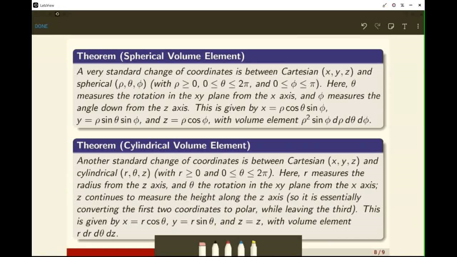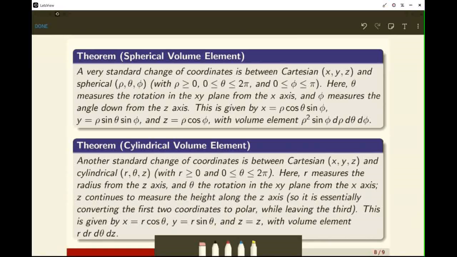The other generalization of polar coordinates is cylindrical coordinates. Here we're essentially just taking polar coordinates in the xy plane and leaving the z-coordinate on its own. Of course, people will sometimes talk about cylindrical coordinates along different axes, but the usual one has the last coordinate measuring height, z, and the first two coordinates are just polar coordinates in x and y.